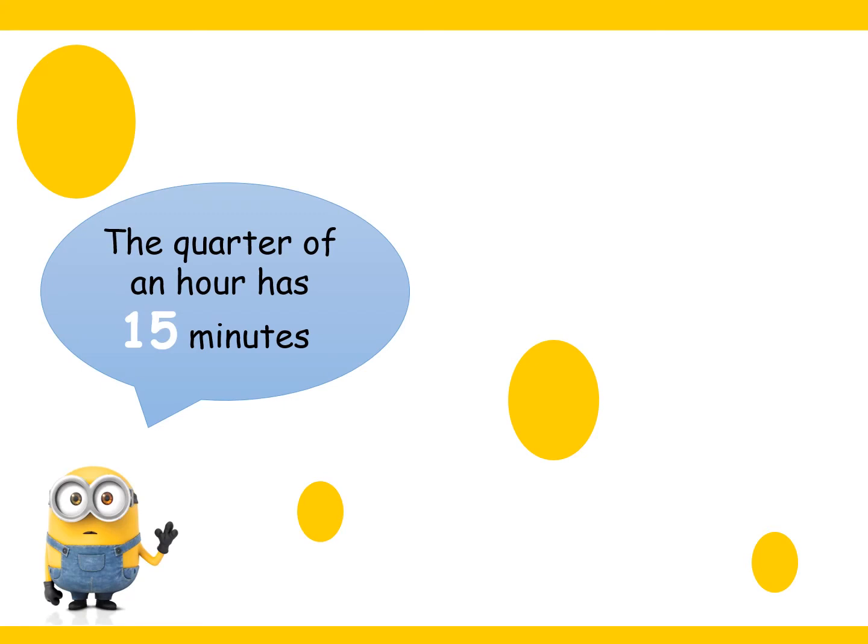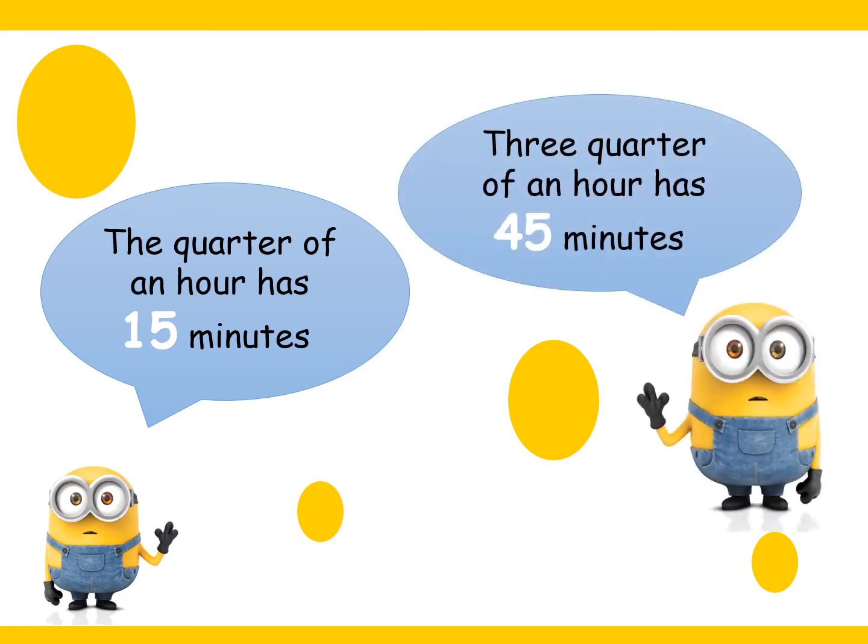The next, look at these notes. The quarter of an hour has how many minutes? We take that an hour has 60 minutes and half an hour has 30 minutes. So a quarter of an hour has 15 minutes and 3/4 of an hour has 45 minutes, which means when the long hand is on 9, it will be 45 minutes.